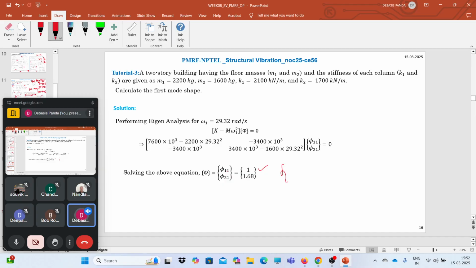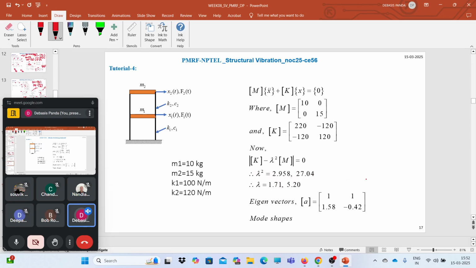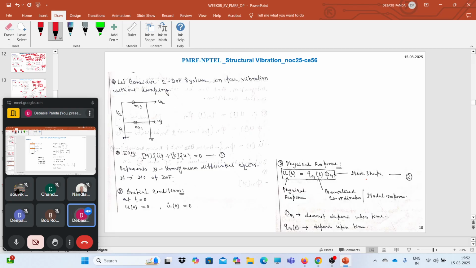Just change this ordinate phi 2 1. Okay, so this way we can calculate the mode shape and corresponding natural frequencies. You can also solve this problem. I have solved this problem and found the values of modal information like this.